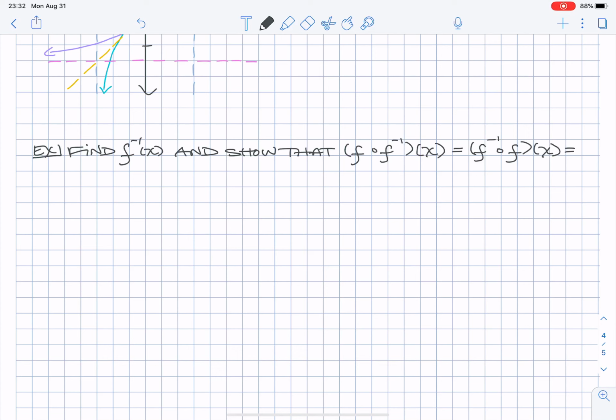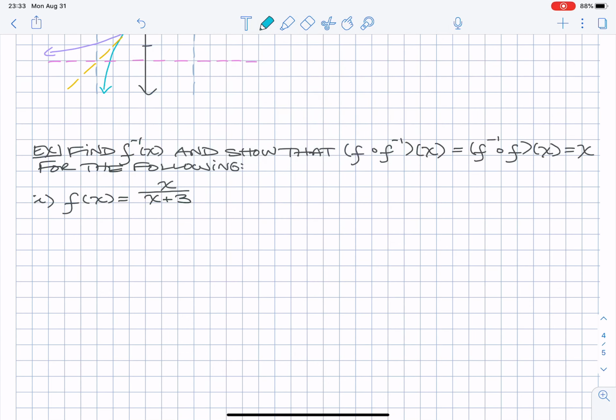And of course that should be x because they undo one another for the following. So number one, let's say we have that f of x is equal to x divided by x plus 3.